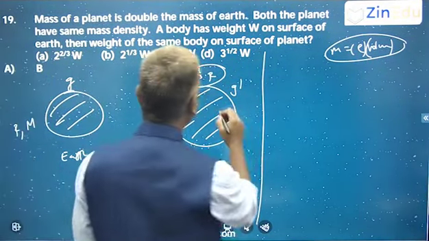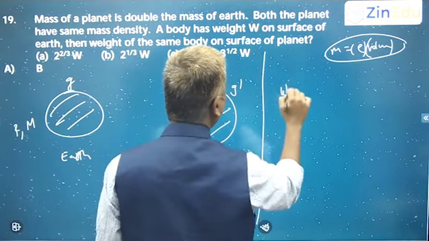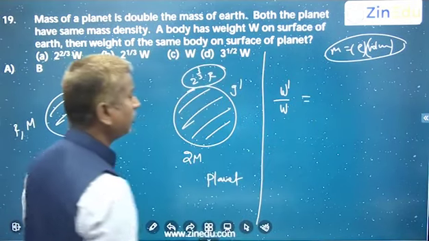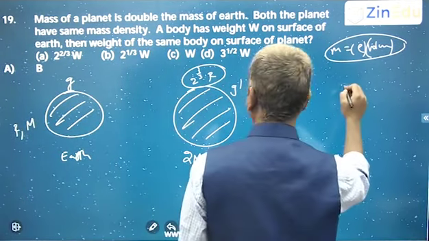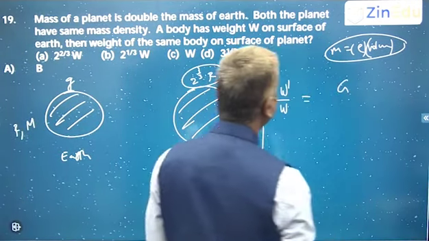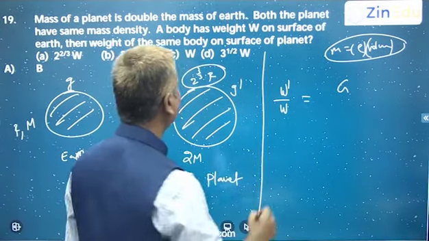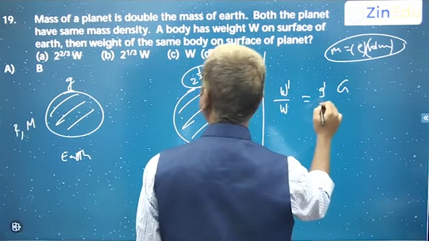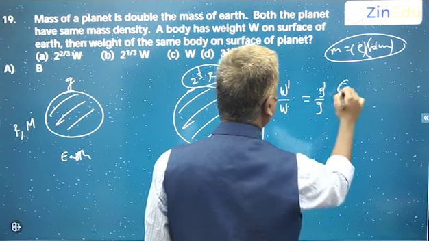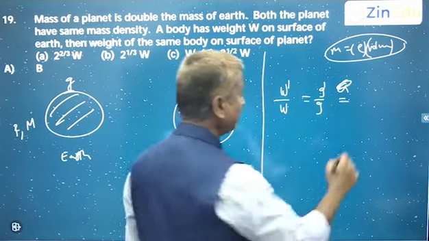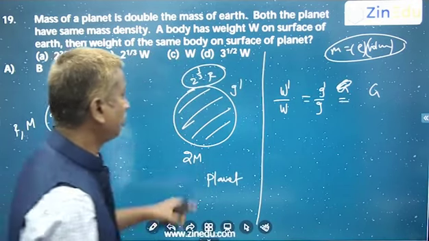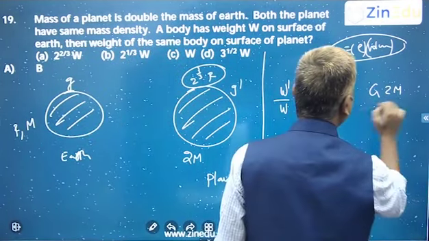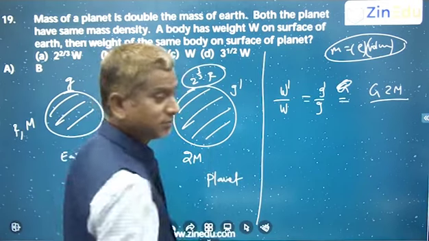So I'll write here W dash by W. W dash by W is equal to G dash by G. G dash can be written as capital G into mass of this 2M by R cube, and G is simply Gm by R square.